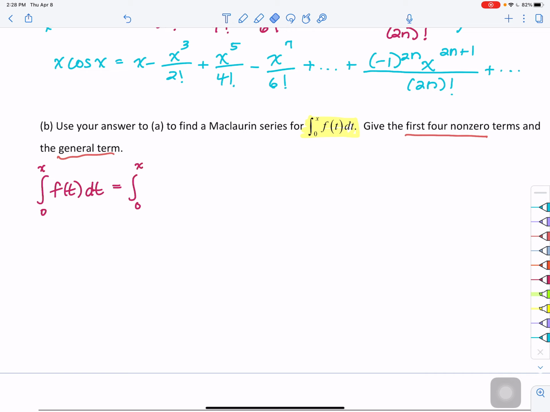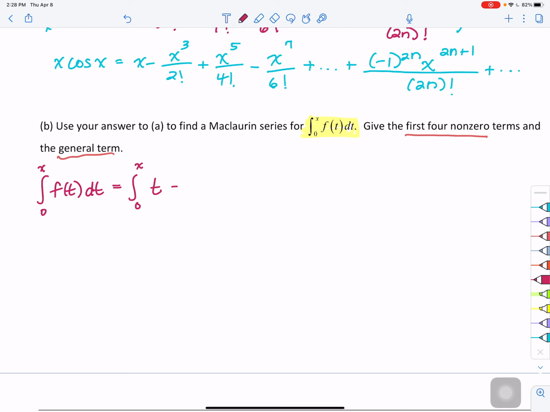F of t, instead of x, we're going to use a t. Whoops. I'm supposed to be in t's. Okay.